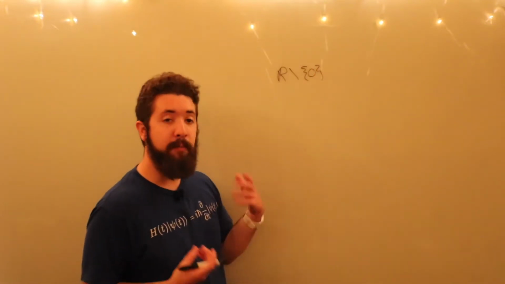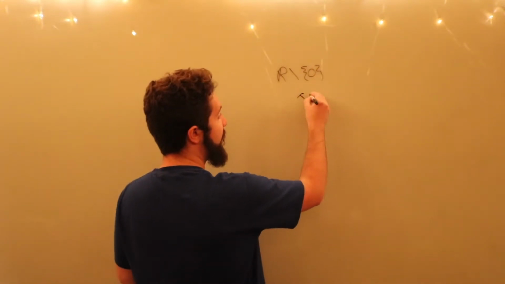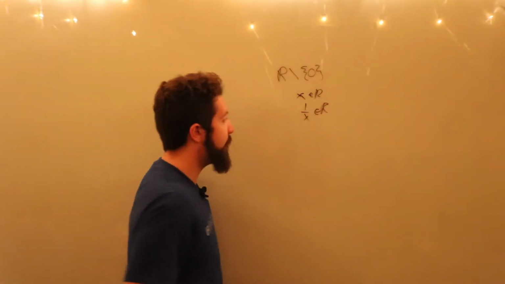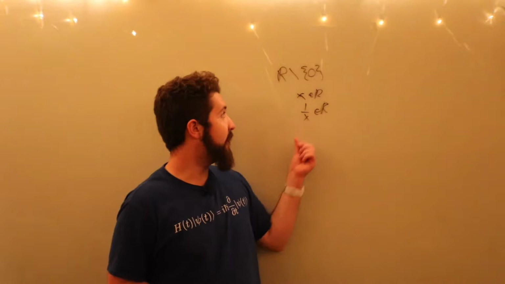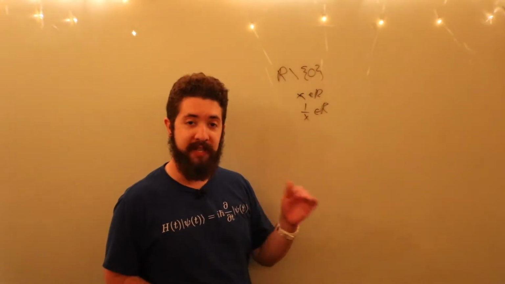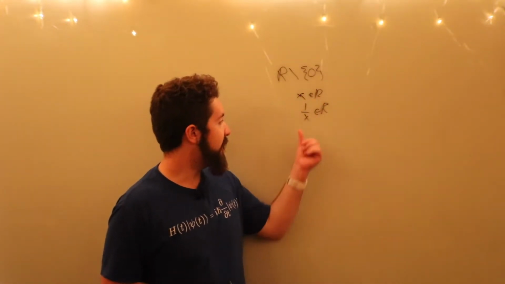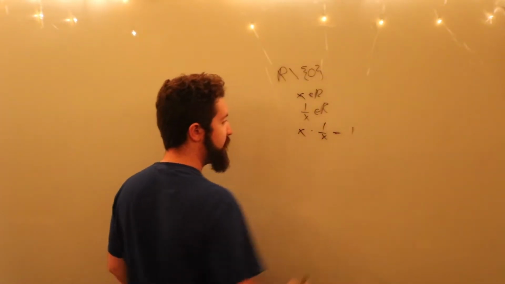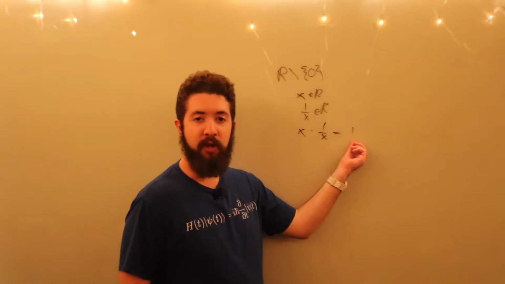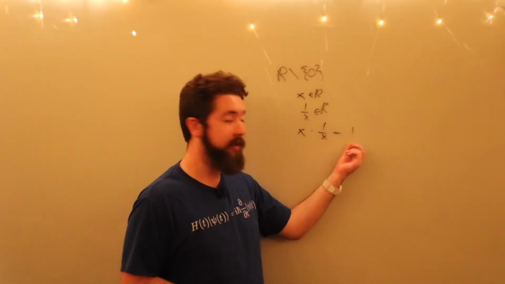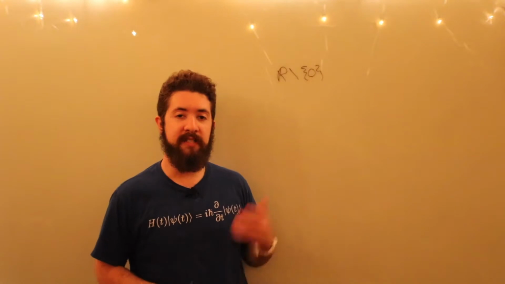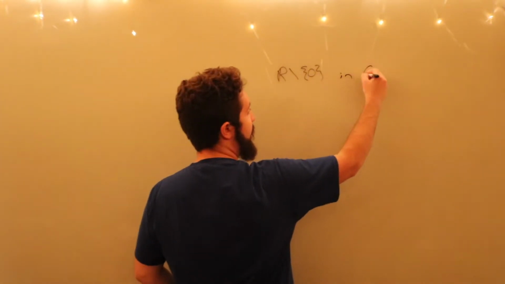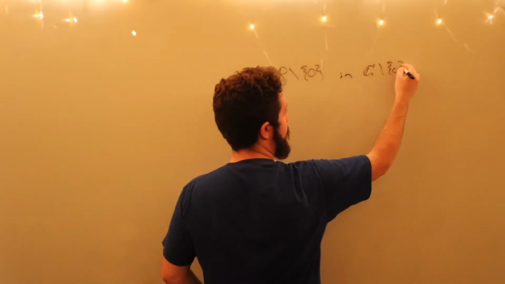And all of these have a multiplicative inverse, so that if x is a real number, 1 over x is also a real number, with the single exception of 0, which is why we take it out. And this is going to be a multiplicative inverse. x times 1 over x is just 1. And in this case, no longer is 0 going to be our identity, but 1 is going to be our identity.